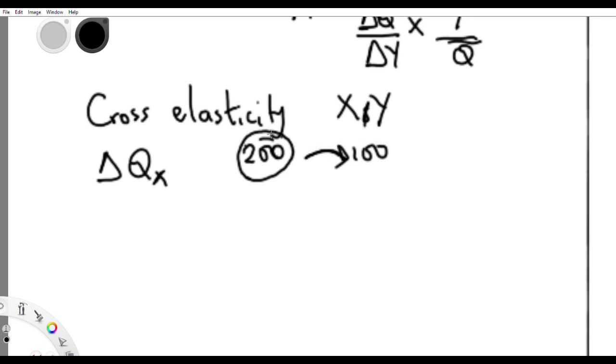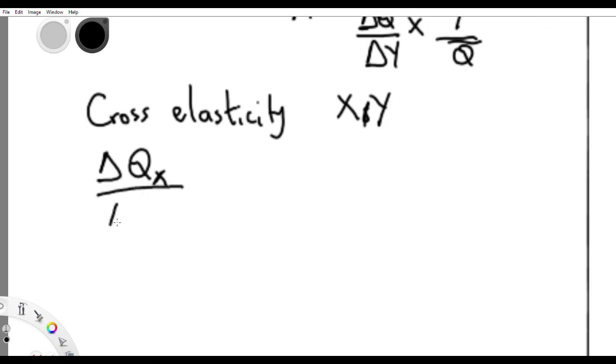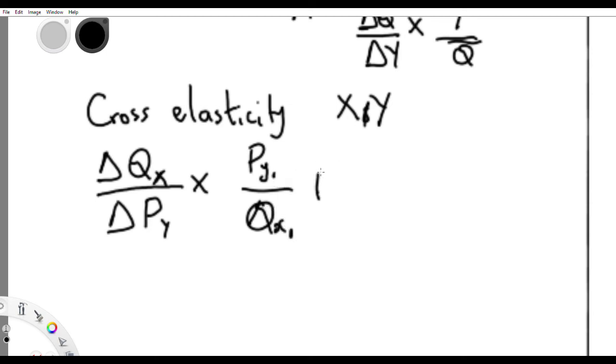So in that case, we can calculate the cross elasticity. The formula still remains the same. The point cross elasticity is the change in quantity demanded of commodity X divided by change in price of commodity Y, times the initial price of commodity Y, all over the initial quantity of commodity X. That's the point.